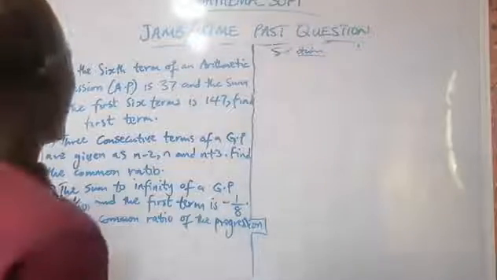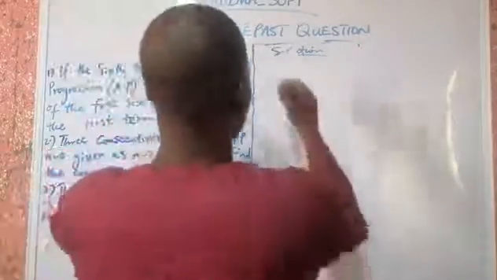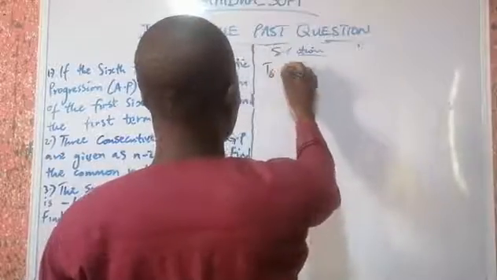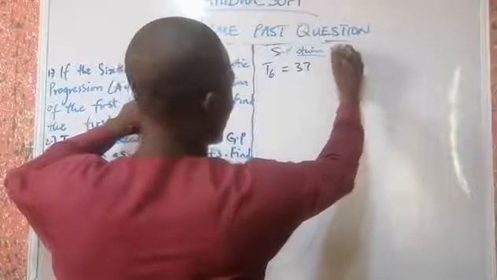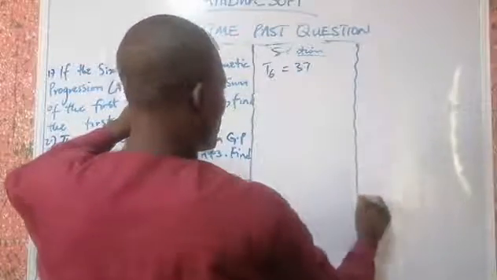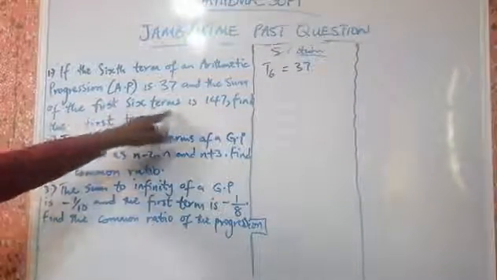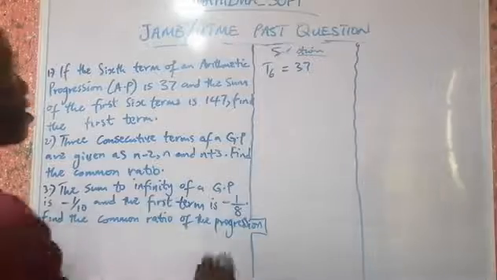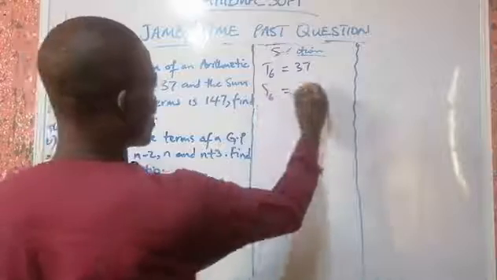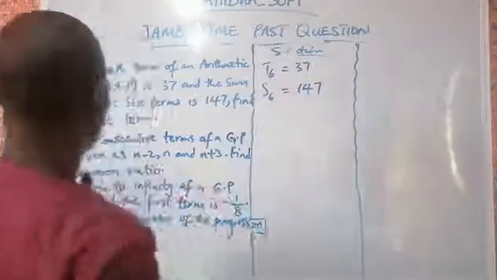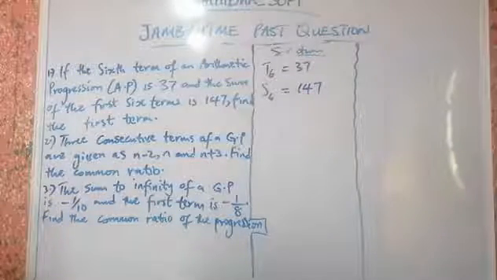So the sixth term, T6, equals 37, and the sum of the first 6 terms, S6, is 147. We have to calculate the first term.